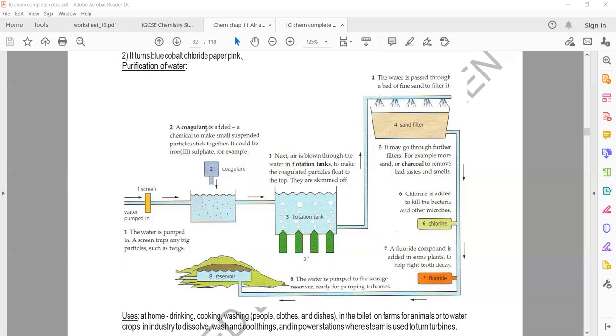So we use a coagulant here, normally aluminum sulfate or iron 3 sulfate. When we add it, it will attract the fine particles, and these fine particles join together.